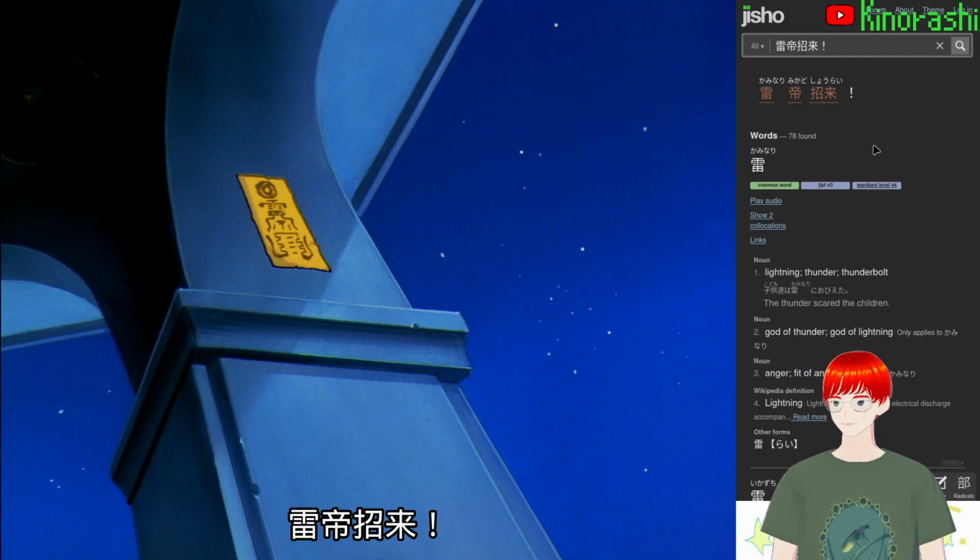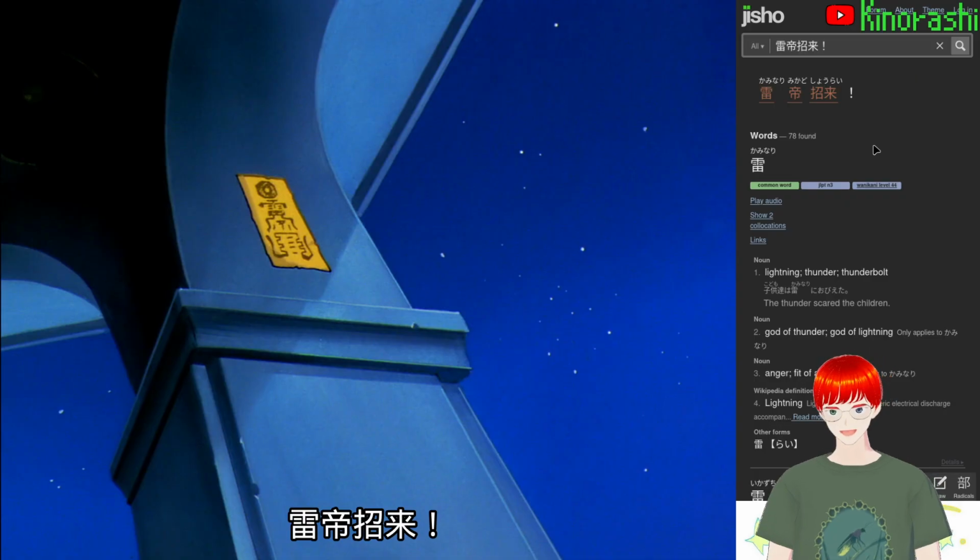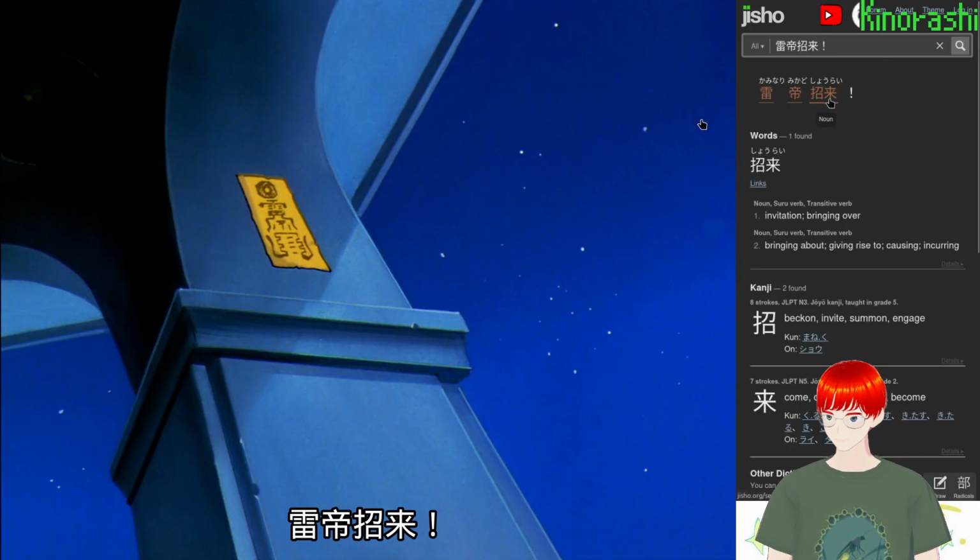The kanji, if you try to interpret it as Japanese, would be Kaminari Mikado Shorai. At least Shorai is the same. Invitation, bringing over. Essentially, he's saying come forth or bring over, okay. Bring about.